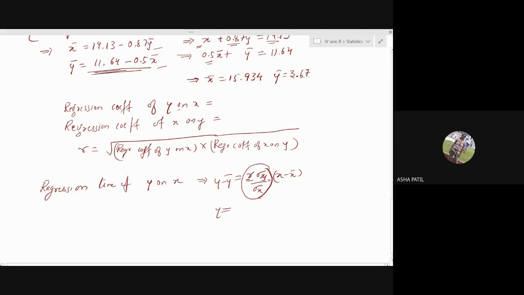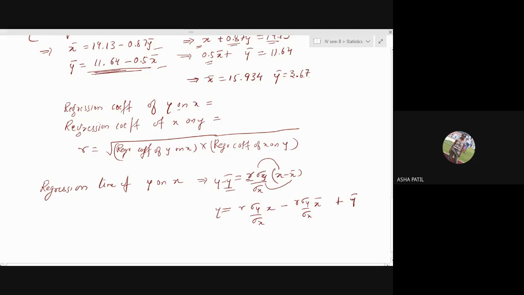So y is equal to R sigma y by sigma x into x, this is one term, minus this product, R sigma y by sigma x into x bar, then plus y bar taken on the other side.